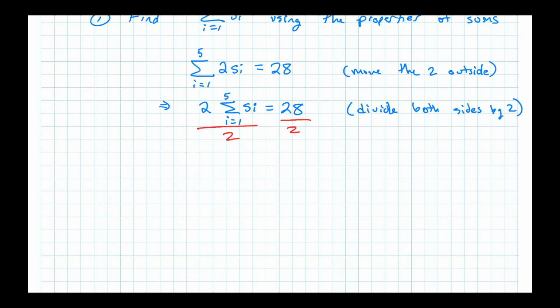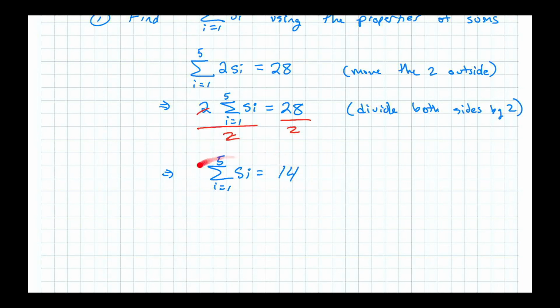Of course, the point is that they cancel. So what do we get? We get just one sum from 1 to 5 of si is going to be 14. And you could have seen that up here, right? If 2si is going to give you 28, divide by 2, and you're going to get 14. So that should not be super hard, but that's your first step.